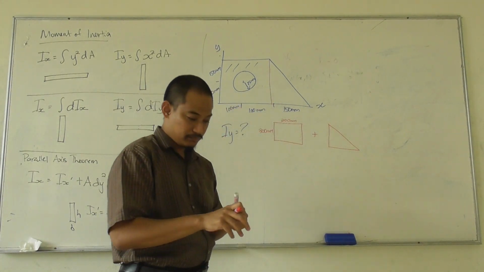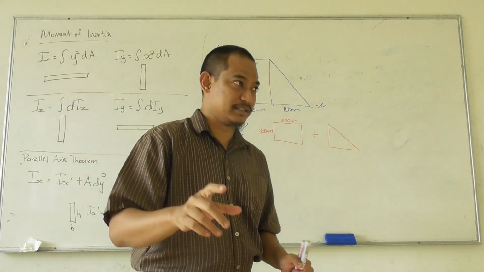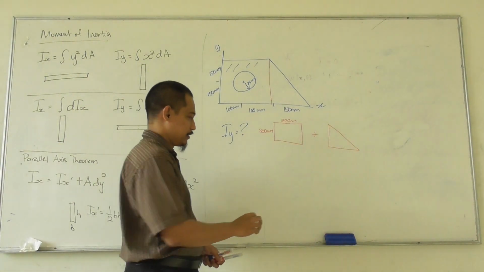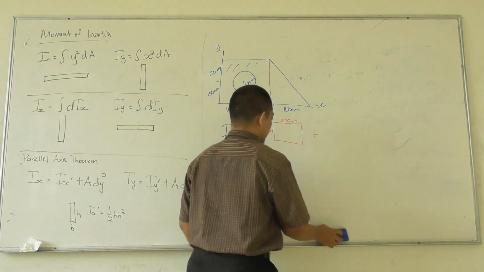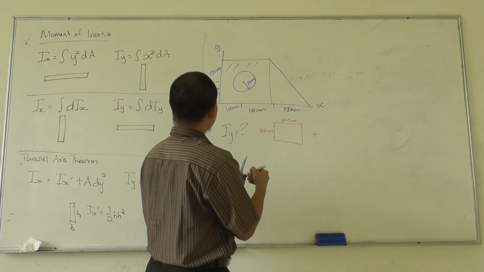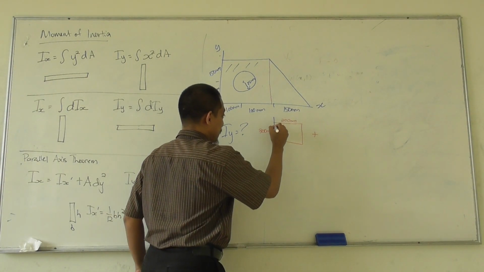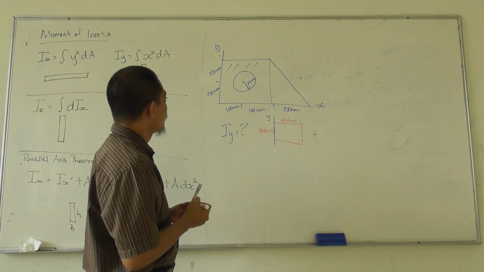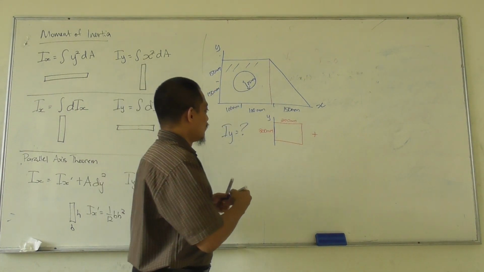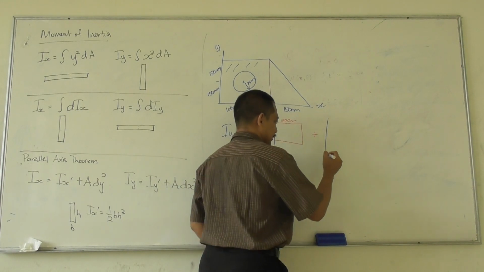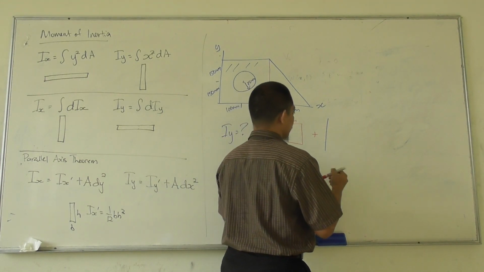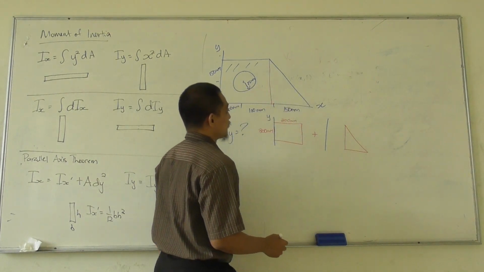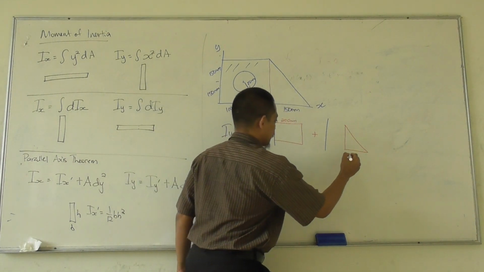Sorry. Like I mentioned in the class, it's best to draw the axis straight away so that you avoid any mistake. So in this case, the axis is here, the y-axis. Correct? For the triangle, the axis is there and the triangle is somewhere at a distance, like that. And then you have 150 here.